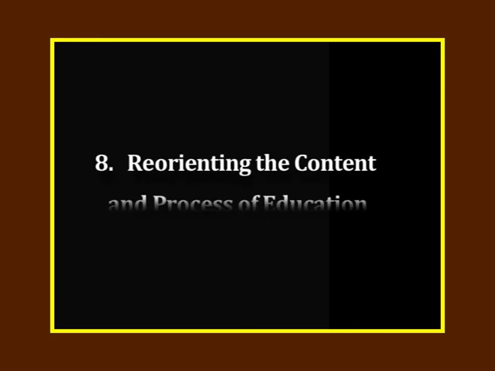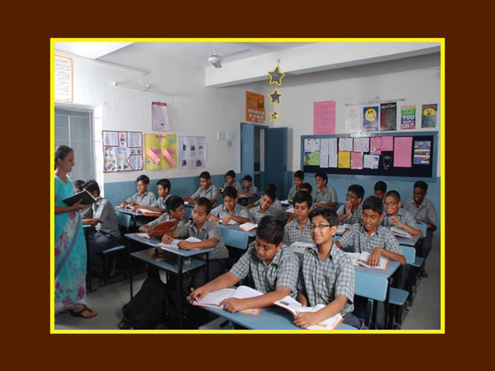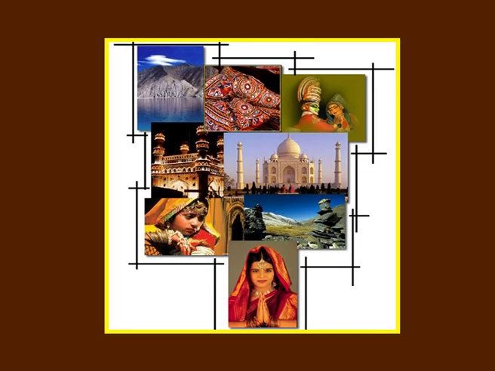Now, reorienting the content and process of education. The policy emphasized the reorientation of content and process of education. The existing schism between the formal system of education and the country's rich and varied cultural traditions needs to be bridged.